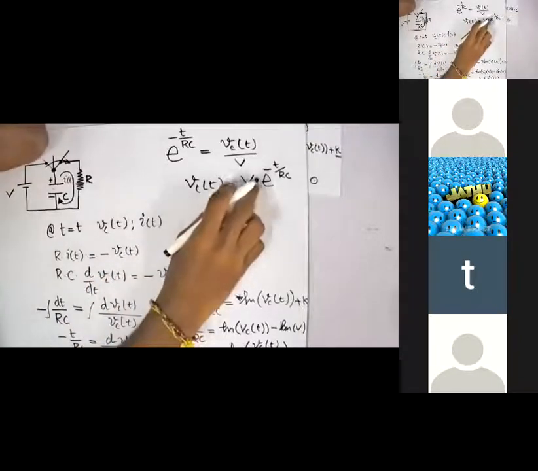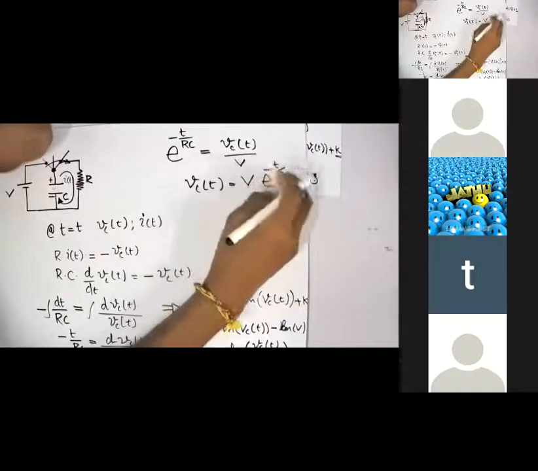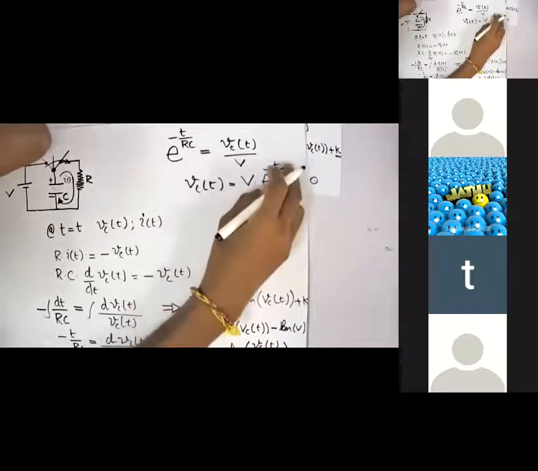Now at steady state, e to the power minus infinity becomes 0, right? So at steady state the capacitor will lose all its charges through the resistance and the plates will be neutralized. So at steady state VC of t will be 0.